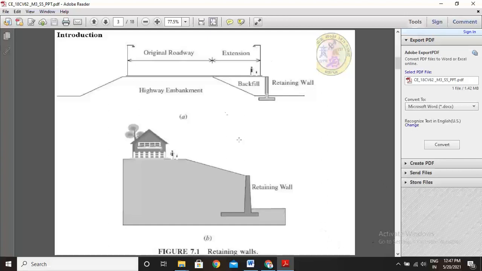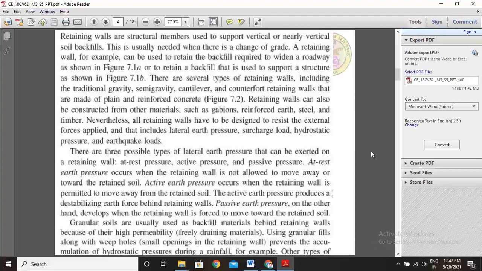Okay, based on these two diagrams I will explain here. Retaining walls are structural members used to support vertical or nearly vertical soil backfills. This is usually needed when there is a change of grade.